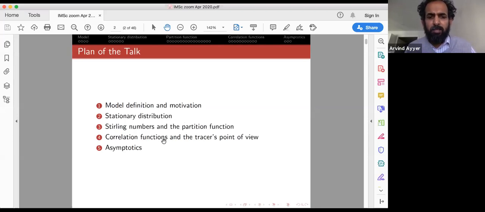And then I'll show you some results about correlation functions, interesting ones, and particularly I'll focus on something which I'll make clear called the tracer's point of view. And if there's time at the end, I'll explain a little more about the asymptotics.